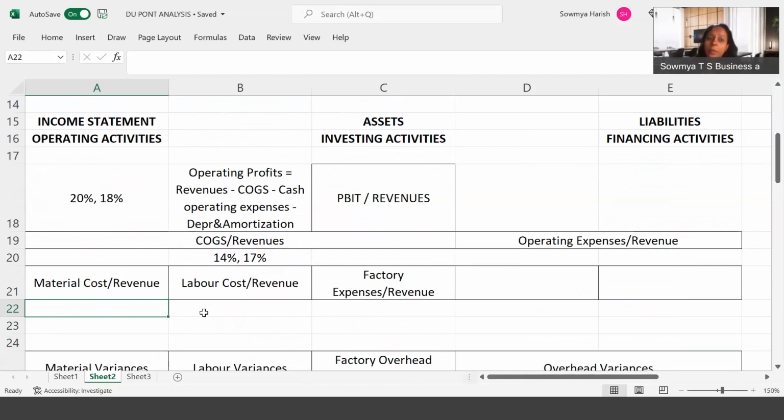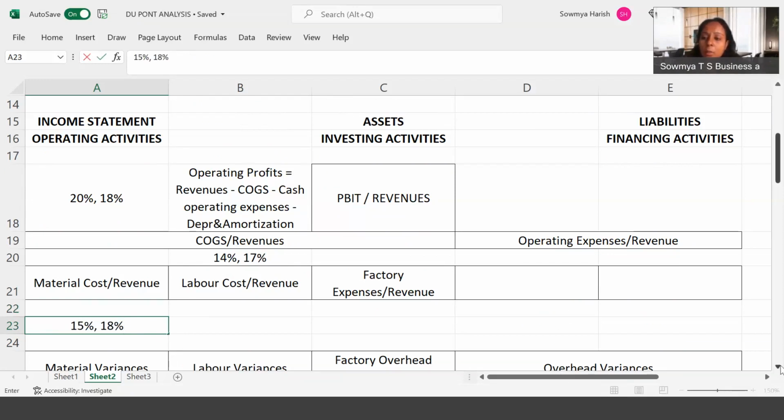I said it can be because of price, it can be because of cost, or it can be because of usage. How do you find? To find the actual cause for the change in the material cost, we apply one concept called variances. So material variances. Think that in the previous year it was 15% and this year it is 18%. So there is an increase in material cost.